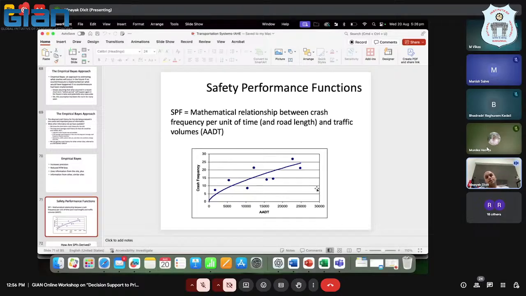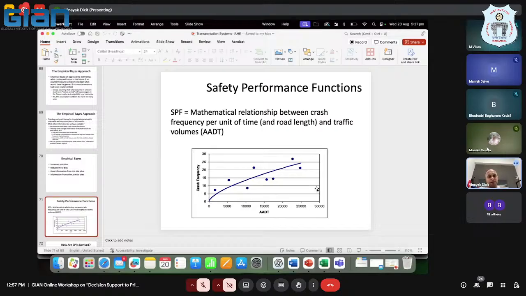So how do we operationalize this? How do we actually end up doing this? We use something called a safety performance function. Going back to the example on the first day, where we were looking at the hilly roads, how do we define the different sections? These sections need to be uniform in terms of the number of lanes or some kind of geometry, the AADT.